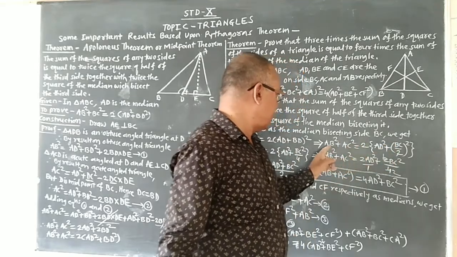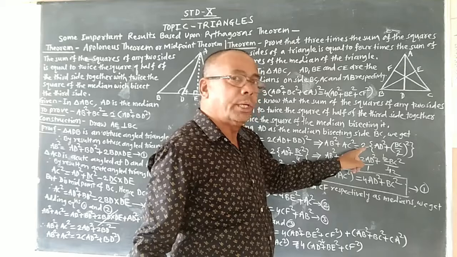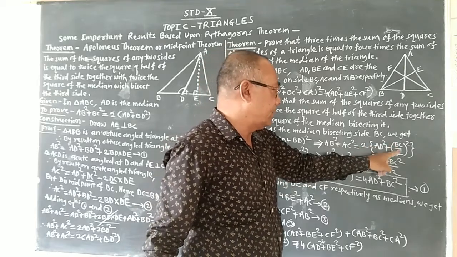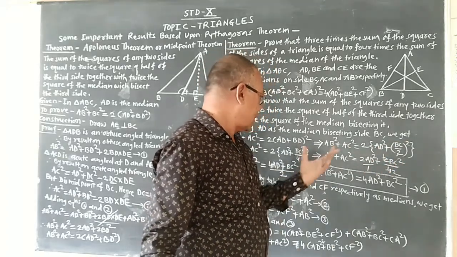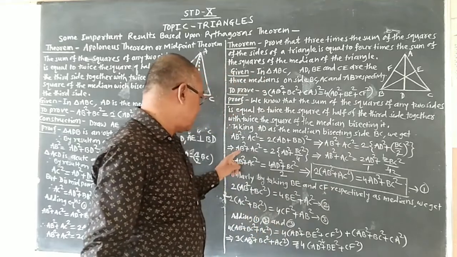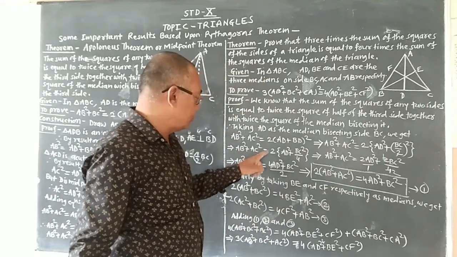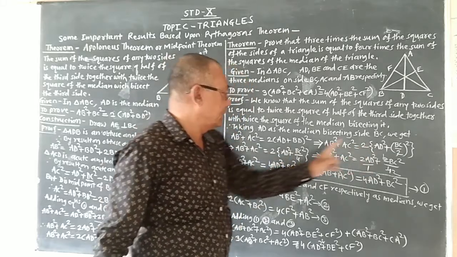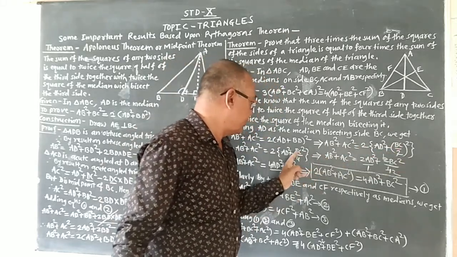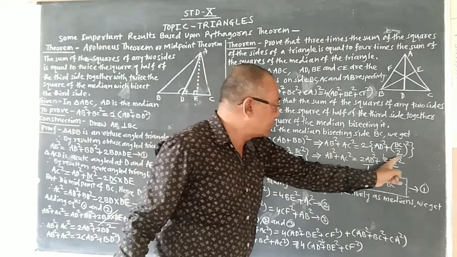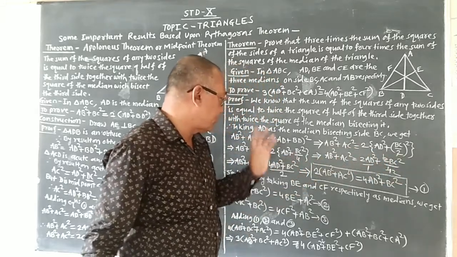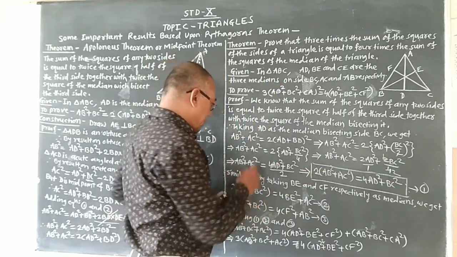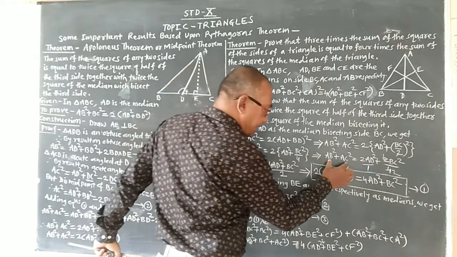So AB square plus AC square is equal to 2 into (AD square plus (BC upon 2) square). Again we can write AB square plus AC square is equal to 2AD square as it is, the square of BC is BC square, and the square of 2 is 4, so BC square upon 4.